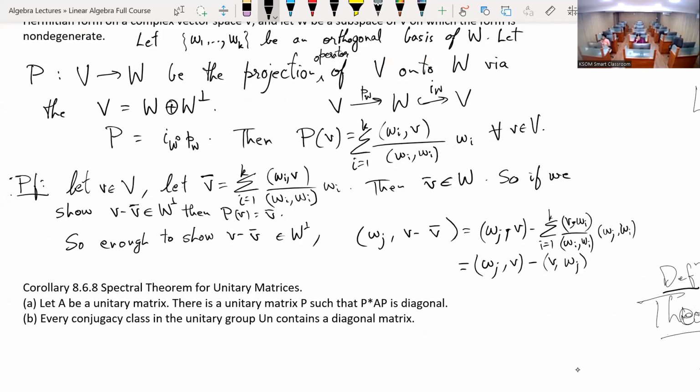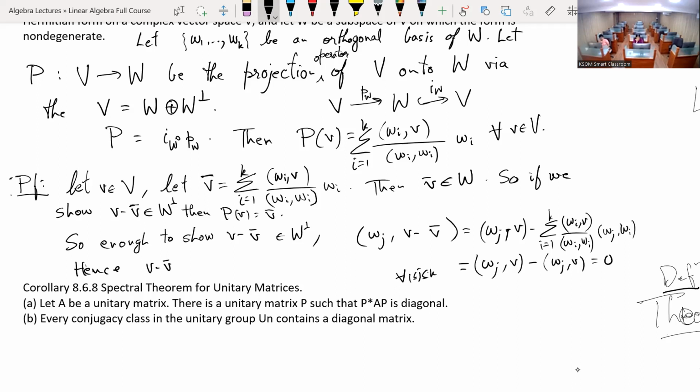Then this is okay, and it's zero. So v minus v bar is orthogonal to wj, and this is true for all j between 1 and k.